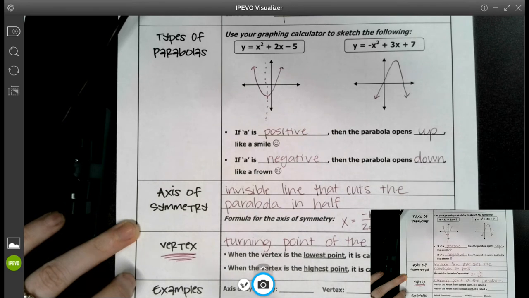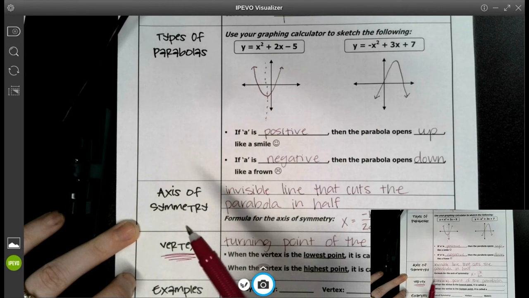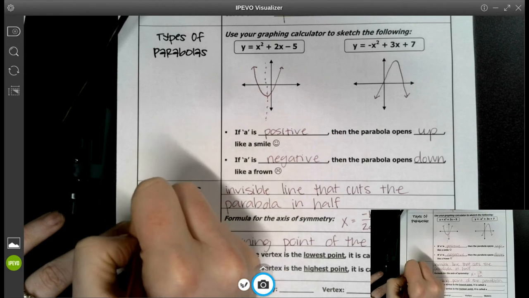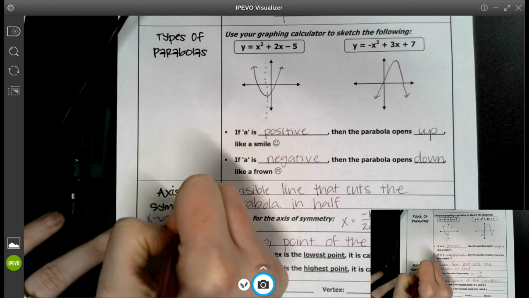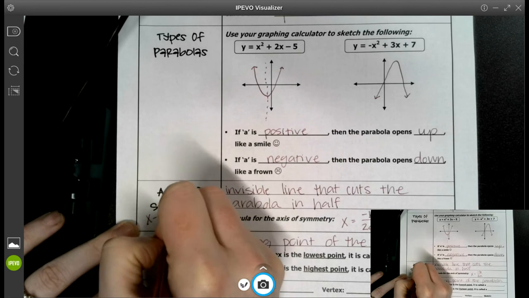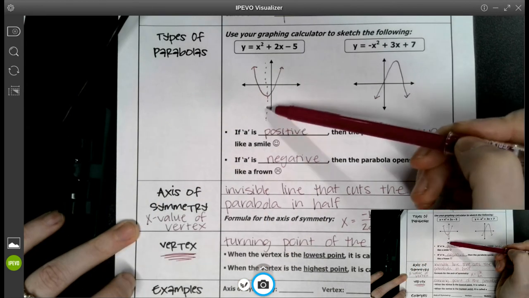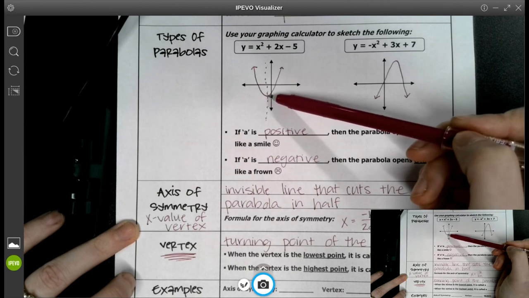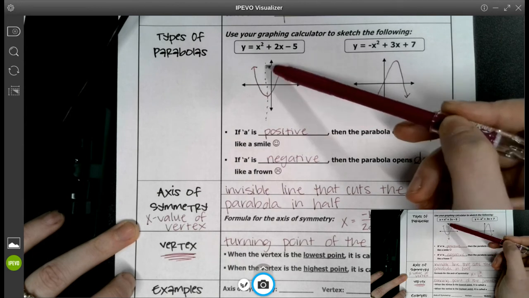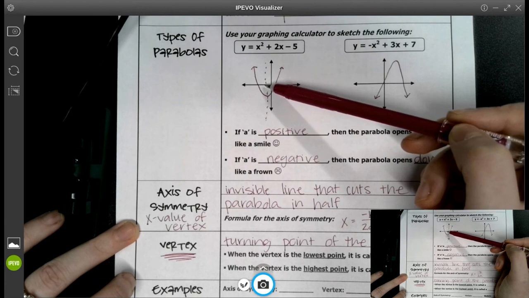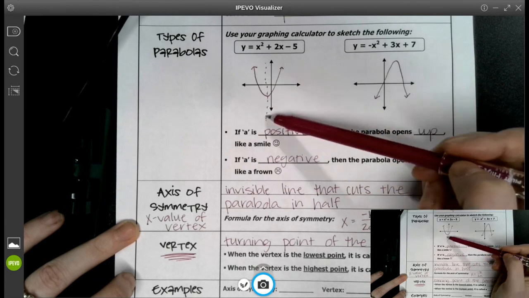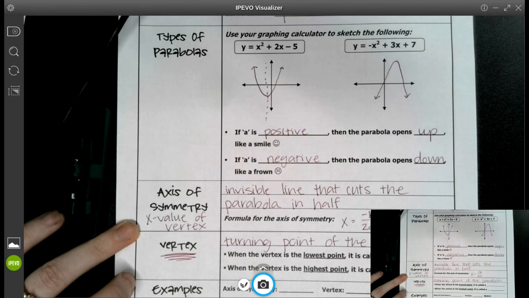And the cool thing about the axis of symmetry and the vertex is that they're related to each other because my axis of symmetry is the x value of the vertex. Okay, see how my line goes through this turning point here? That's the x value of my vertex because it's going to have an x value here. It goes through the x-axis at some point.